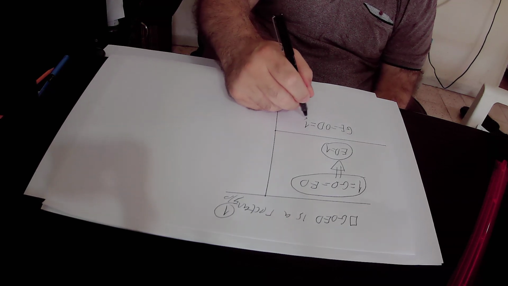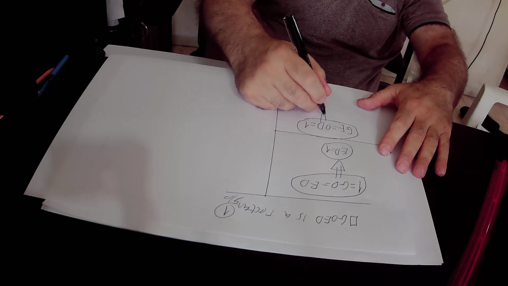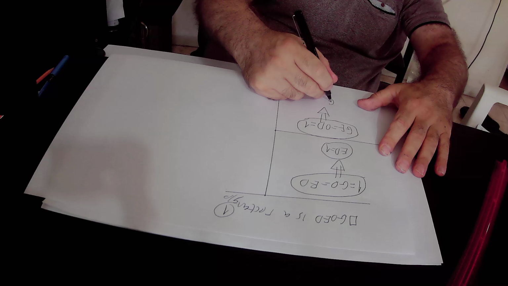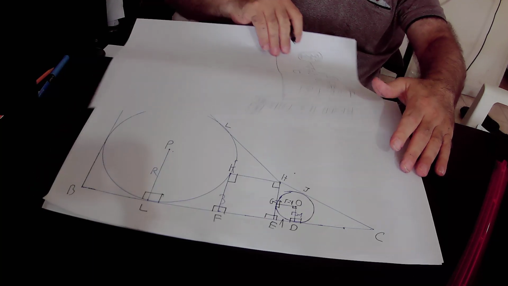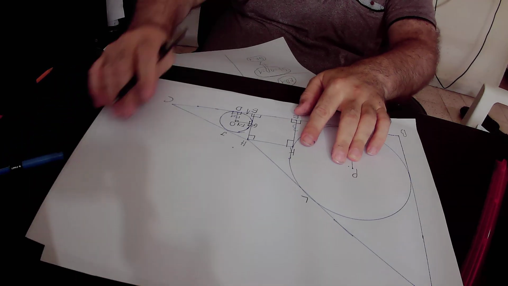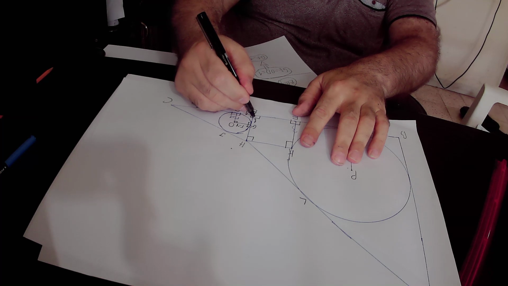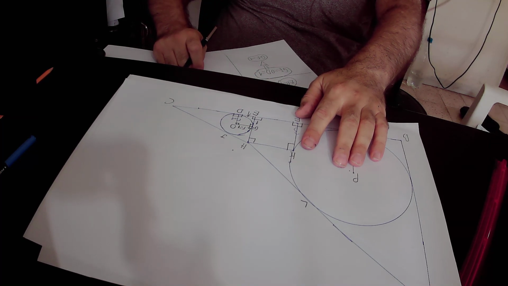OD equals 1, and from this equation GE equals OD equals 1, we derive that GE is also equal to 1 unit. So actually we found out that quadrilateral GOED is not a rectangle but a square.